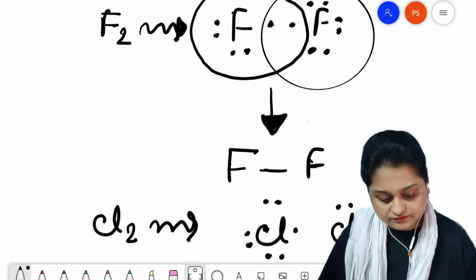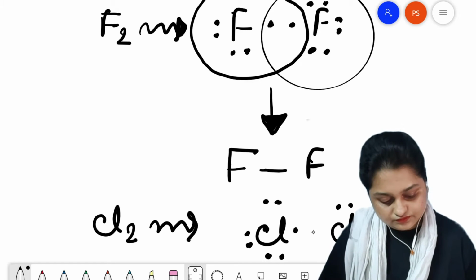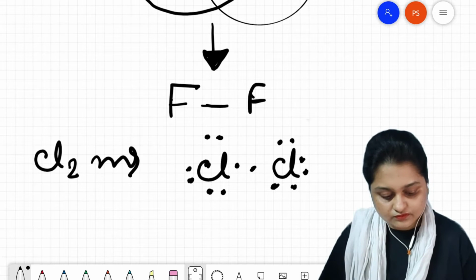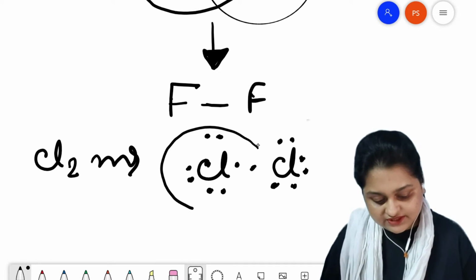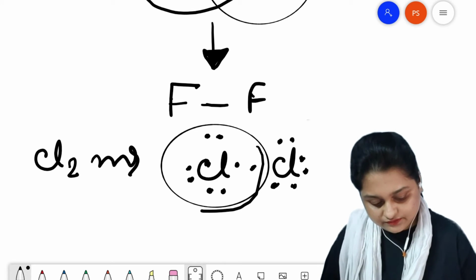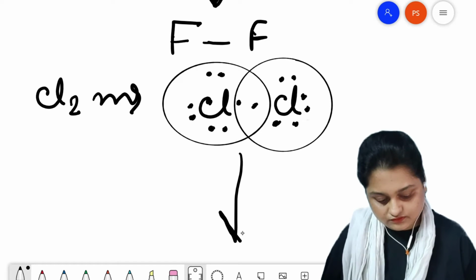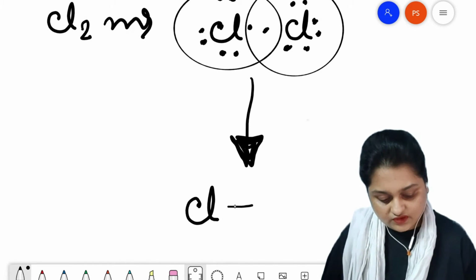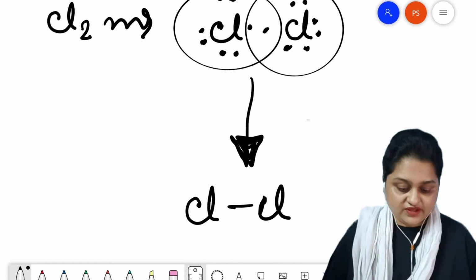Another chlorine atom, having 7 electrons, is also sharing one of its electrons, and thus both gain their octet, forming a chlorine-chlorine single bond, and through this single bond they form the chlorine molecule. Let's take another example.